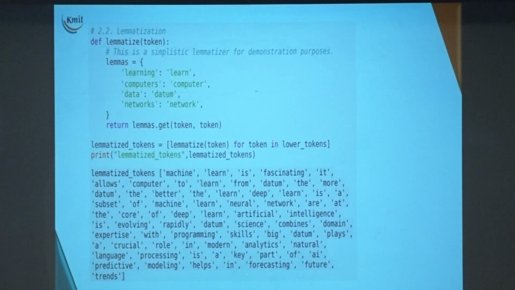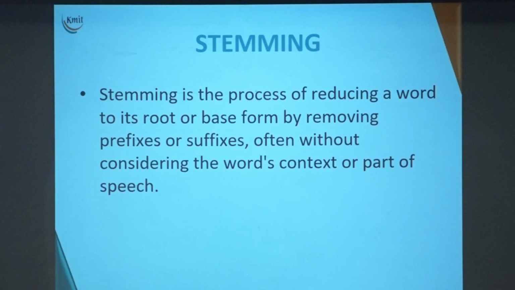Clear enough? So what did we do? We tokenized, we lowercased, and now we have lemmatized. Next, we are going for stemming. So what is stemming? Stemming is the process of reducing a word to its root word or base form by removing any prefixes or suffixes, often without considering the word's context or part of speech.